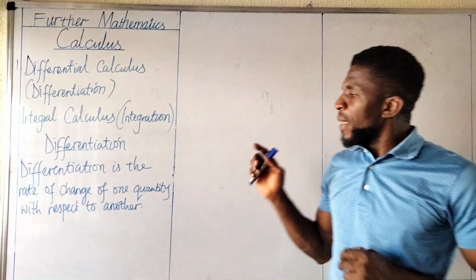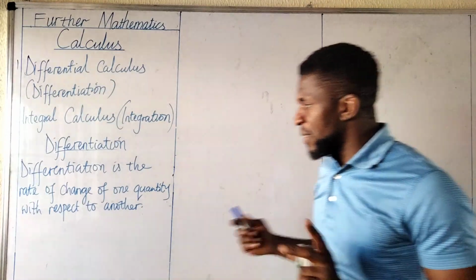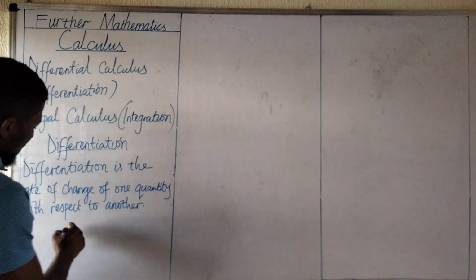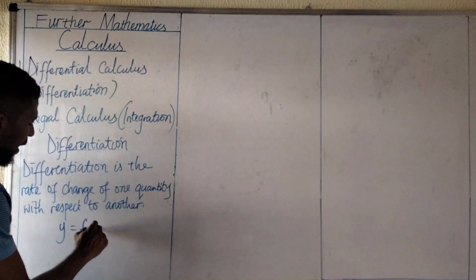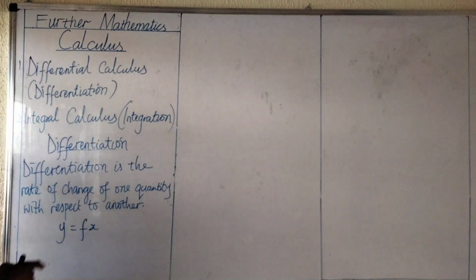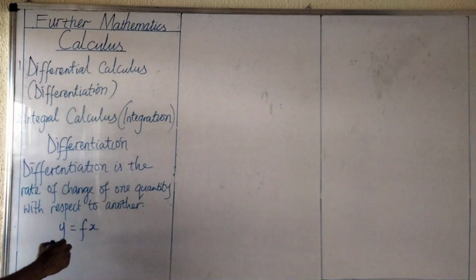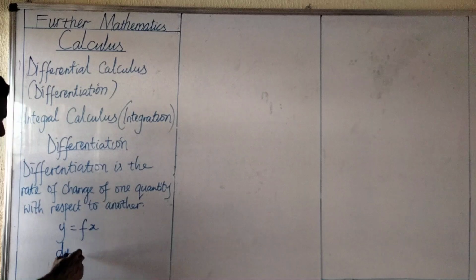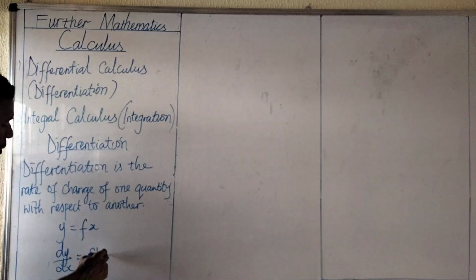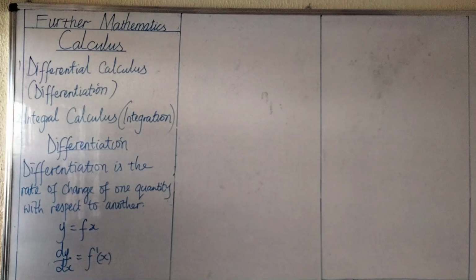So therefore, let us have two quantities, y and x, expressed as y, a function of x. If we differentiate y with respect to x, it will be dy over dx equal to f prime of x. That's what we're going to get.